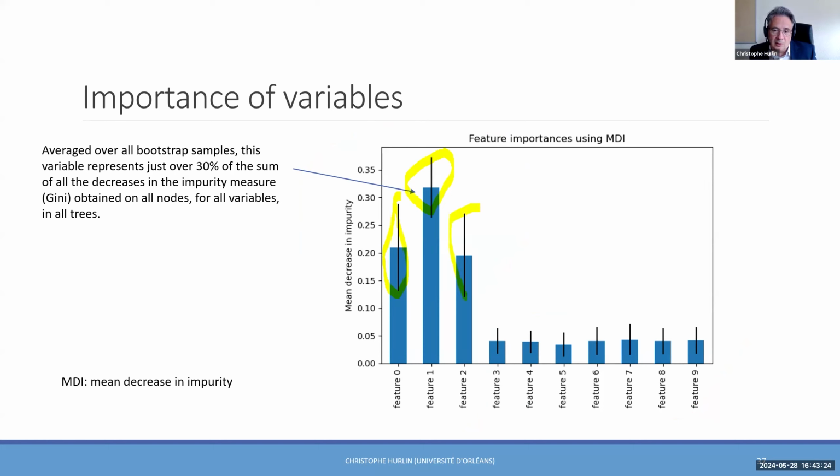And do you understand what this bar represents? Do you have an idea? Yes, Ahmed? Are these standard errors or a band depending on the standard errors? Or is it a maximum and minimum?